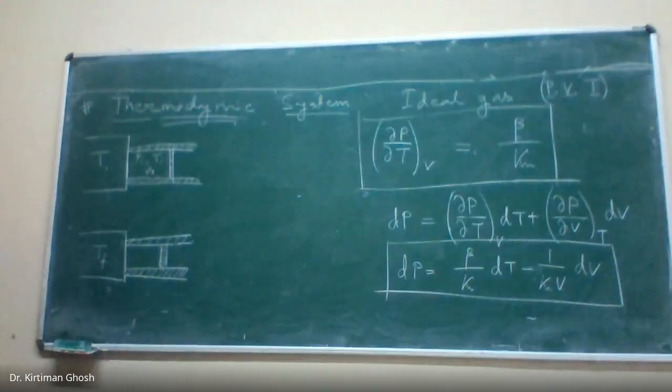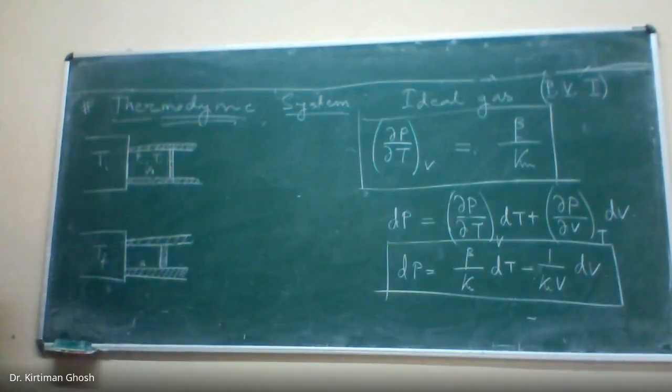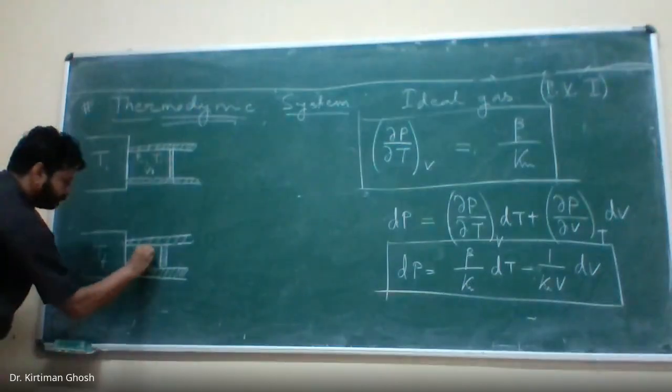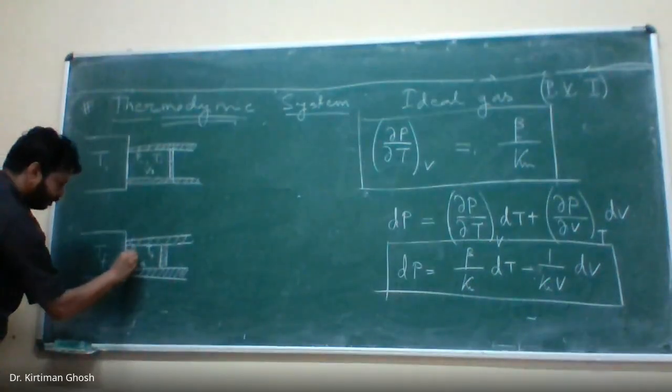The system will thermally interact with this reservoir at temperature Tf. If I wait a sufficiently long time, the temperature of the system will become Tf and the pressure will change to Pf.